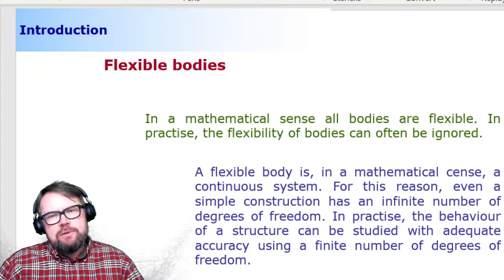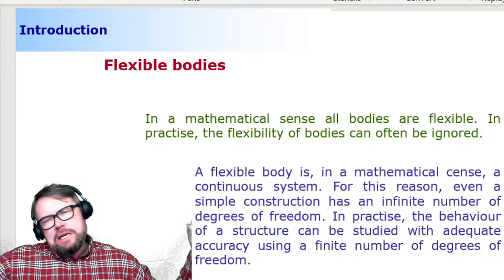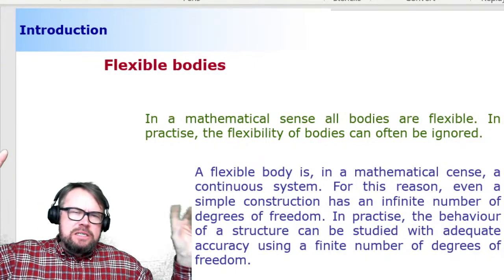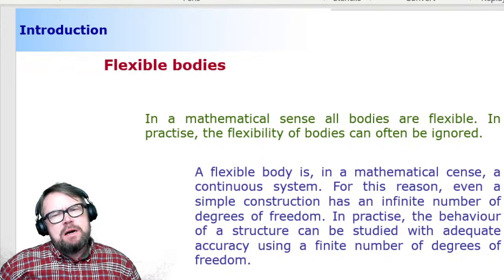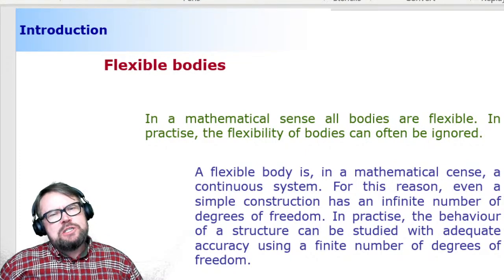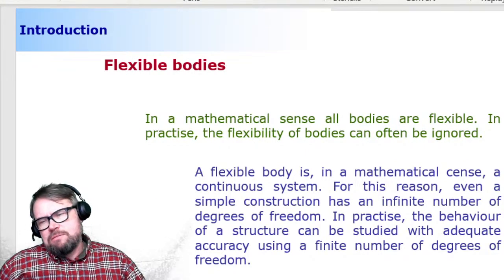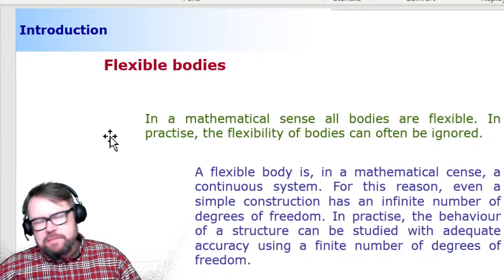That's a little unfortunate, but you can develop a method by yourself. You can look at how slender the structure is, this kind of thing. But even slender structures don't necessarily need to be modeled as flexible bodies. No general instructions are available. So that's a first thing that is good to know.